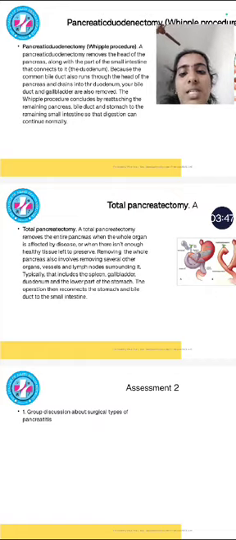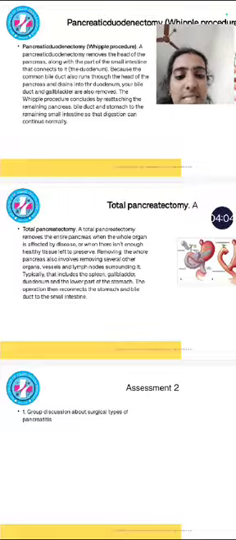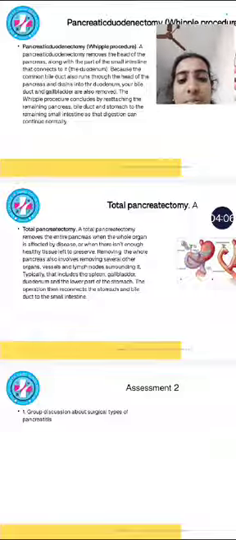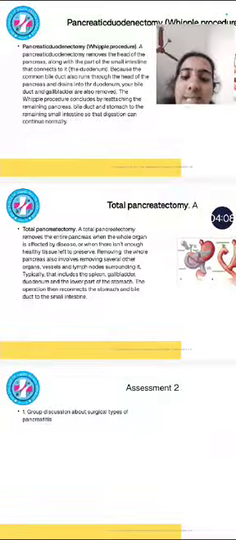Typically that includes the spleen, gallbladder, duodenum and the lower part of the stomach. The operation then reconnects the stomach and the bile duct to the small intestine.